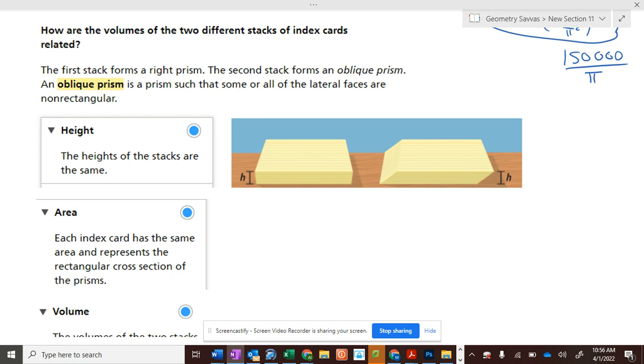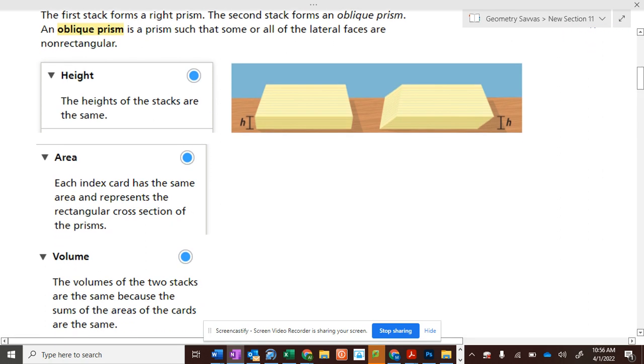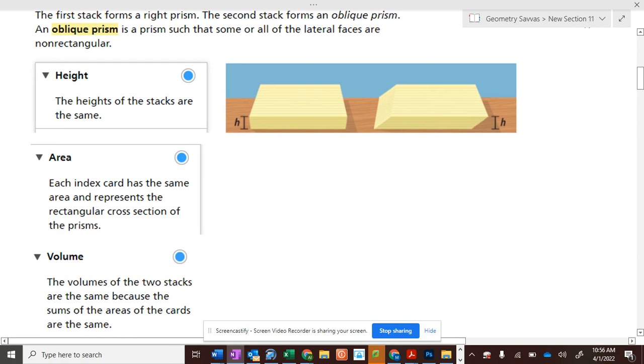Here, we have an oblique prism. What's special about an oblique prism? It's crooked. It's leaning. It's like the Leaning Tower of Pisa. Okay? Now, Pisa, not pizza. So, the oblique prism.